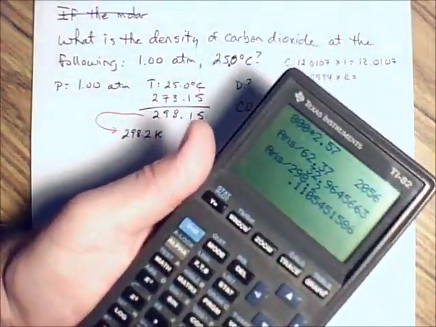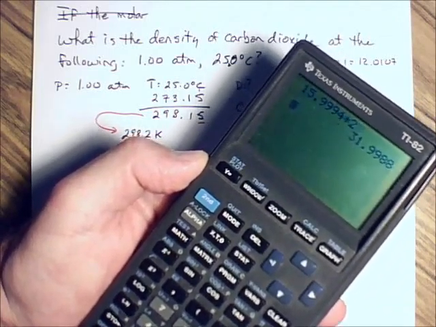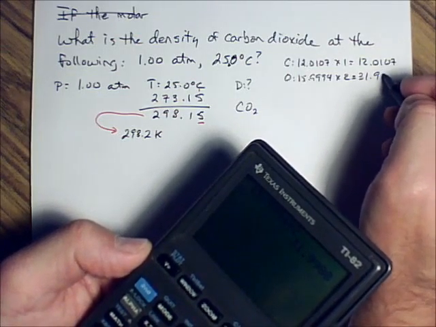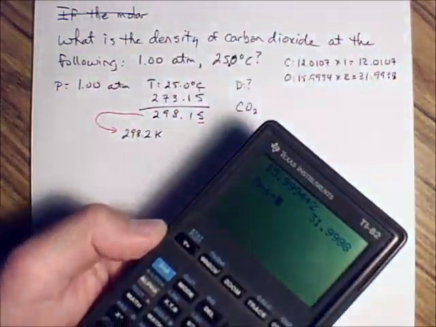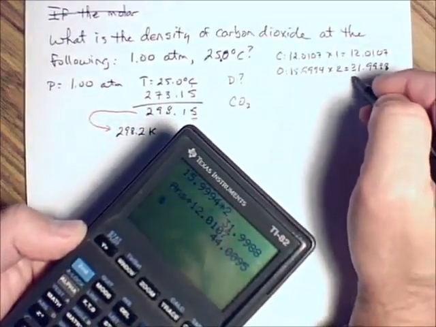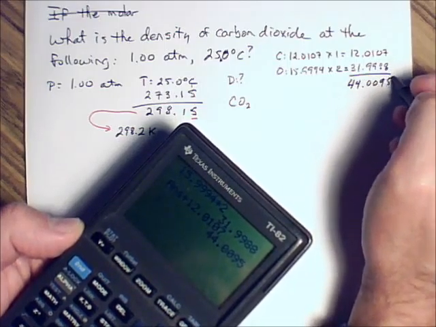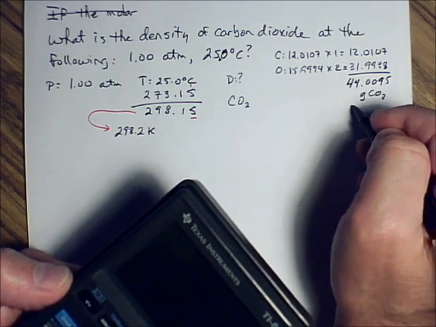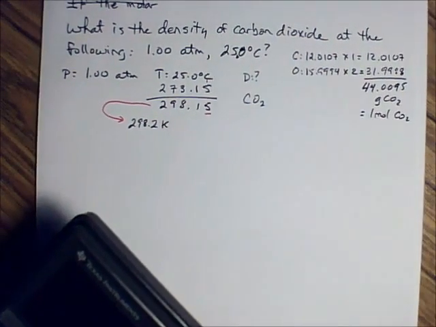So 15.9994 times 2 is 31.9988, and we add to that the 12.0107, and you get 44.0095. That's grams of CO2 equal to 1 mole of CO2, in the format we've used in this class.